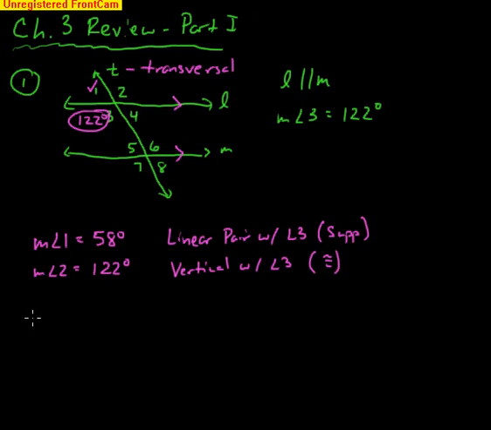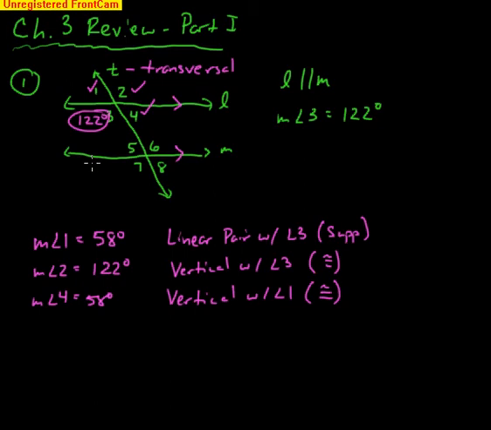Angle 4 is going to be 58 degrees, so we got angle 2. Angle 4 is going to be 58 degrees for a variety of reasons, but the easiest one I think is that it's vertical with angle 1. And again, vertical angles are congruent. So there's angle 4.